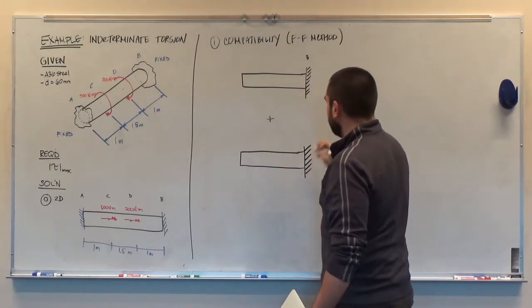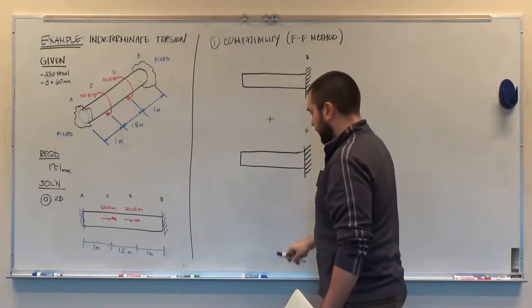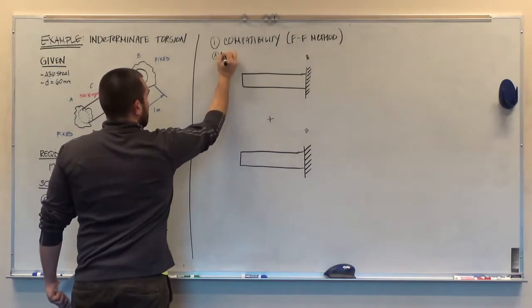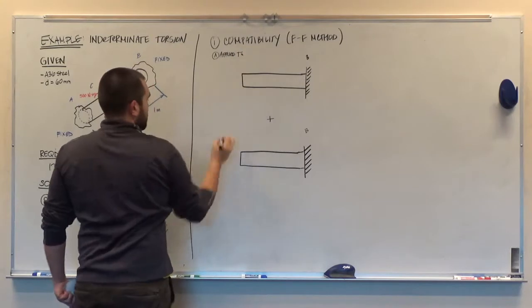So here's my primary system with no support at A. And again, the first investigation will have the applied loads, the applied torques in this case.